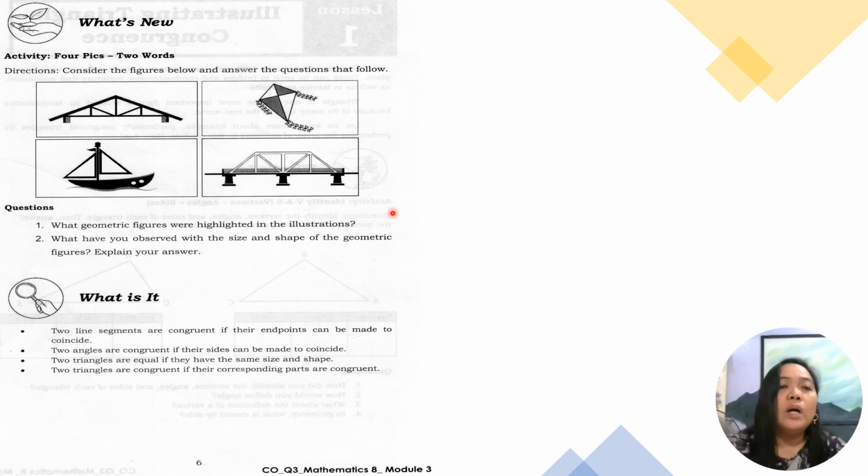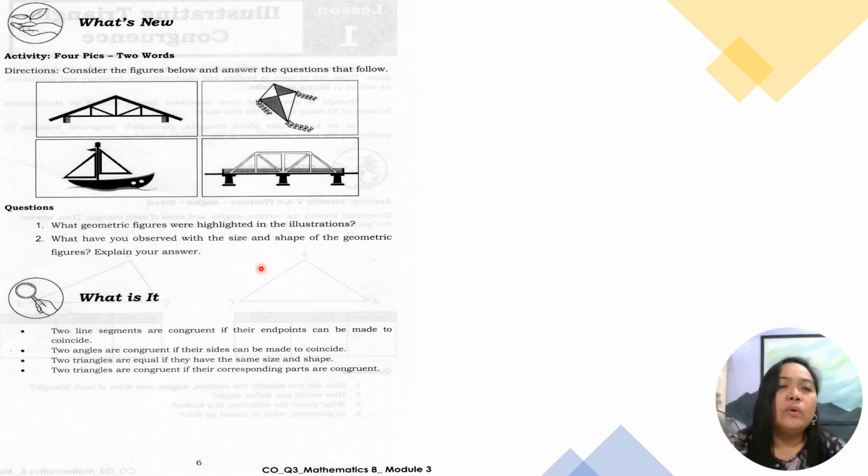So, question number 1, what geometric figures were highlighted in the illustrations? There are 4 pictures. What particular geometric figure was highlighted in each picture?